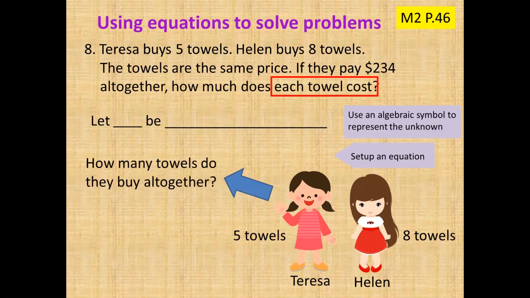After you got this answer, I think you will know how to find out the total price. Because you know that for one towel, you need to pay, for example, x dollars. Then altogether, how many towels did they buy? Then what should be the final price they need to pay? All this information you have already got.